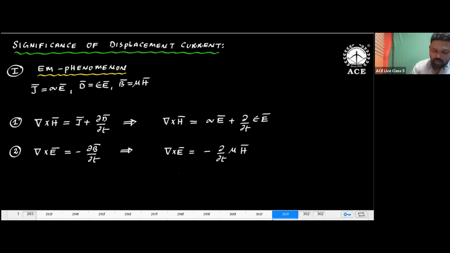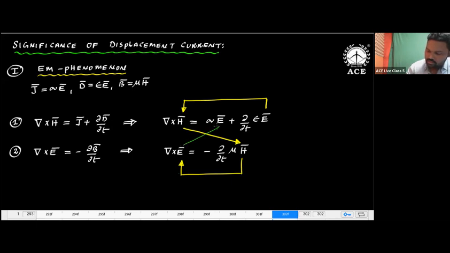See here, what you have noticed is that a time varying electric field is giving a space varying magnetic field. Again, the magnetic field will give an electric field. Again, the electric field will give a magnetic field.